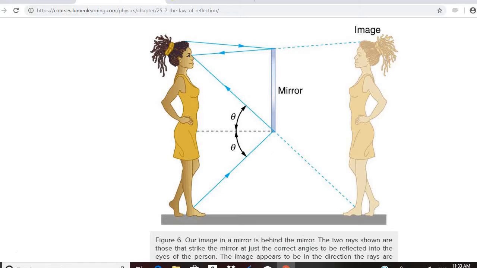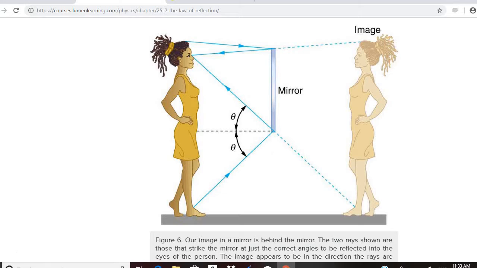So the beams of light that reflect are at the same angle that they hit the mirror, so that the image that you see is precisely opposite the object in the mirror. So it's the same size as the object itself, and it's as far behind the mirror as the object is away from the mirror.